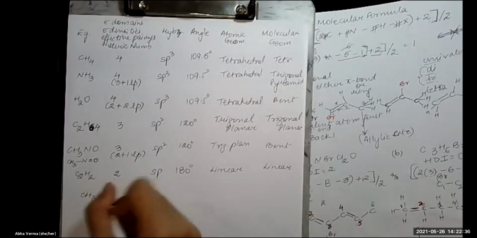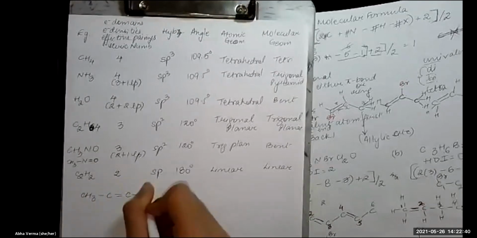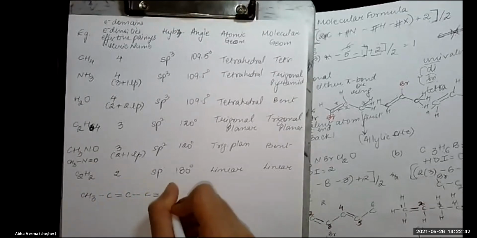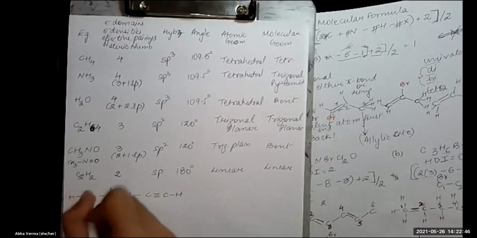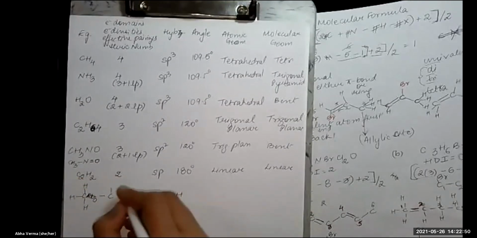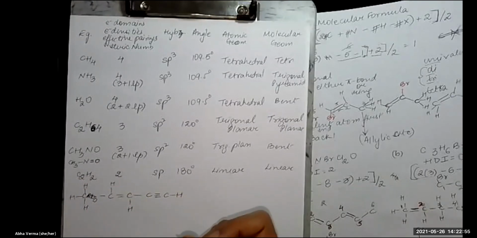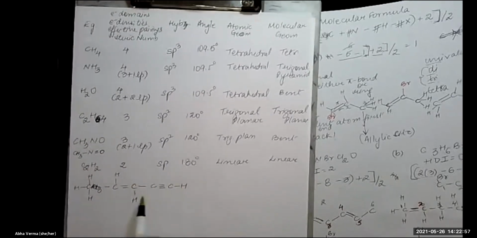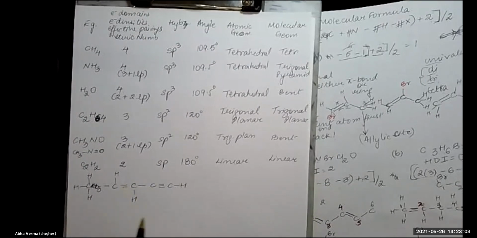Okay. Now, based on the hybridizations, once you know what your hybridizations are, you will be able to figure out among the given structures which of the carbon-hydrogen bonds will be the shortest, which of the carbon-carbon bonds will be shortest, which of the bonds will be strongest.